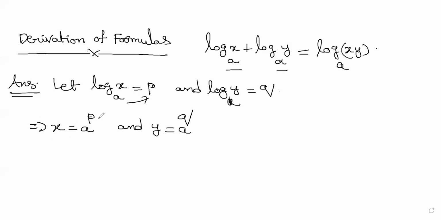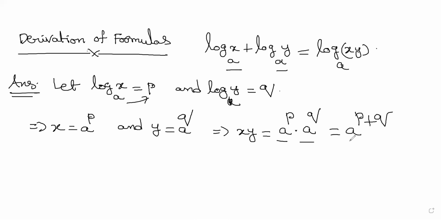Now let's find what is xy. x into y is a power p into a power q. That is nothing but a power p plus q. Since a power m into a power n is a power m plus n, xy is a power p plus q.